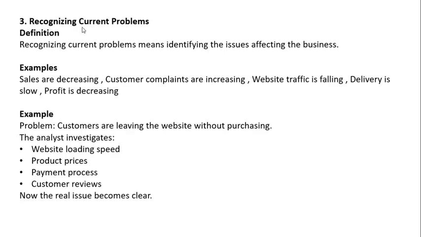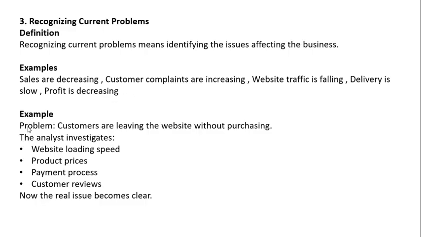Third is recognizing the current problem. Recognizing the current problem means identifying the issues affecting the business. Examples: sales are decreasing, complaints are increasing, website traffic is falling, deliveries are slow, and profit is decreasing.